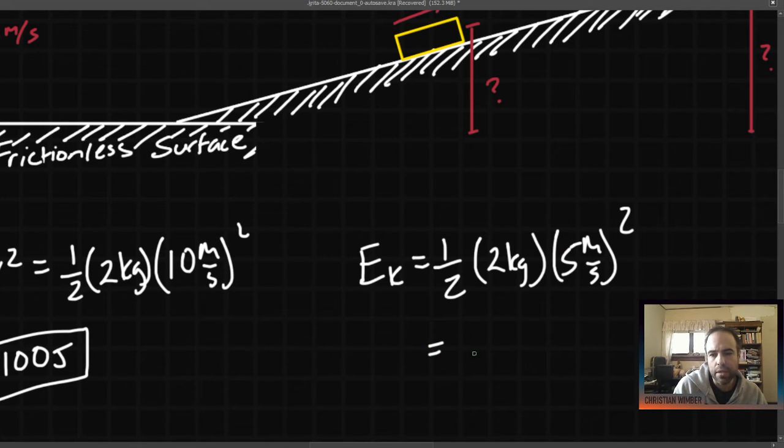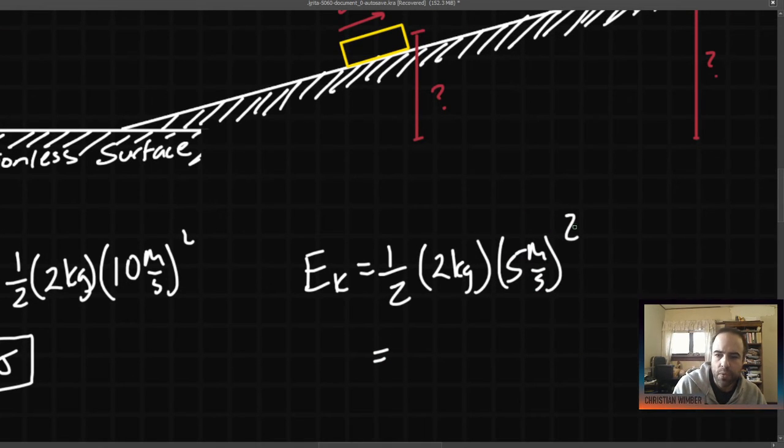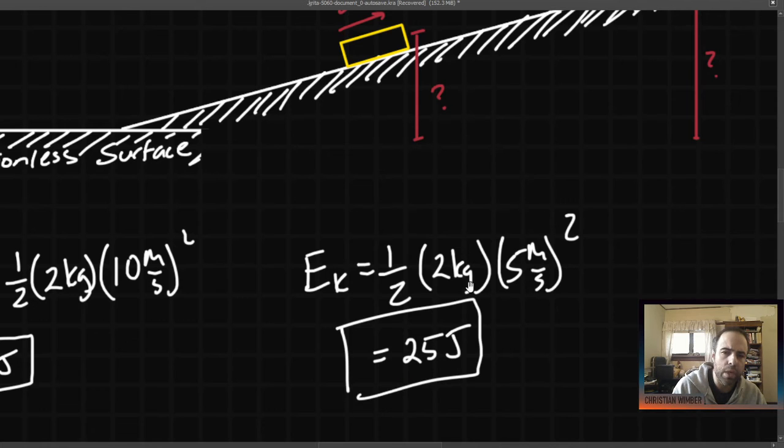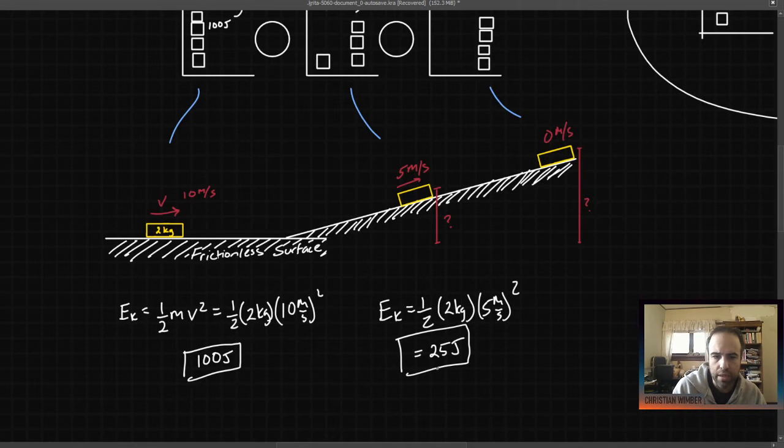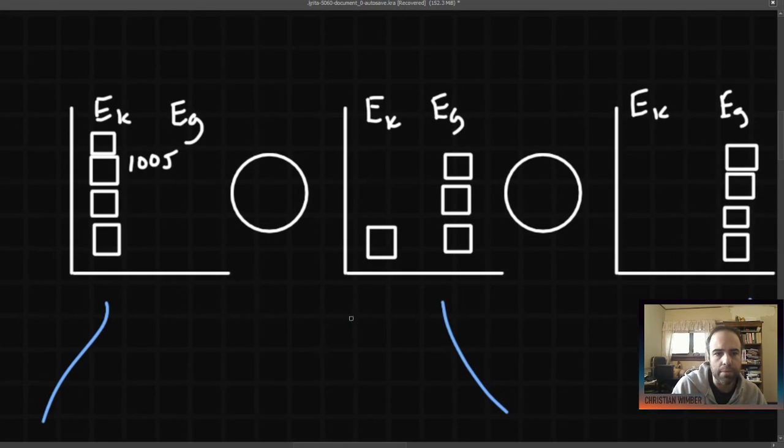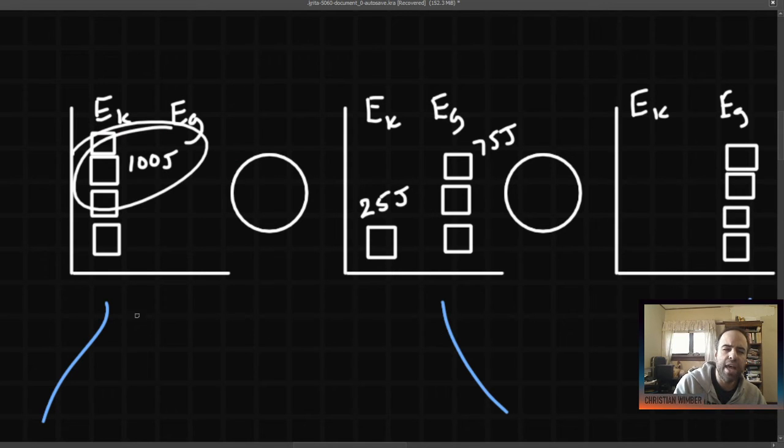But now things look a lot different. 5 squared is 25, 2 times 1/2 is 1. So this just turns out to be 25 joules. We only have 25 joules stored kinetically now. This, by the way, is why I only put 1 box, because I knew we only had 1/4 of the joules that we started with. So this is only 25 joules over here, which means this must be 75 joules. We still have to have 100 joules to work with, but it's just stored differently.